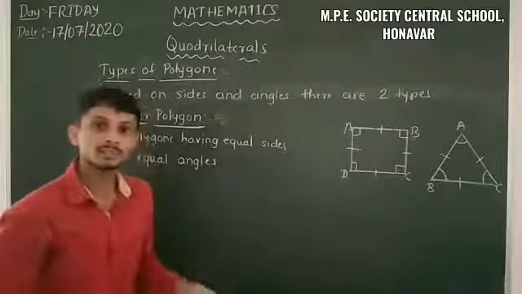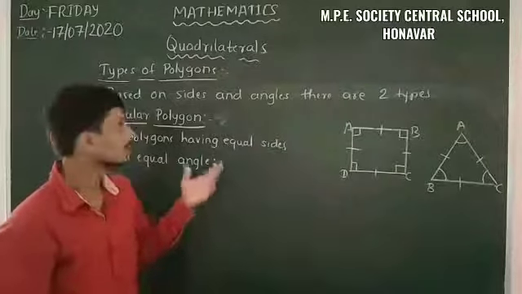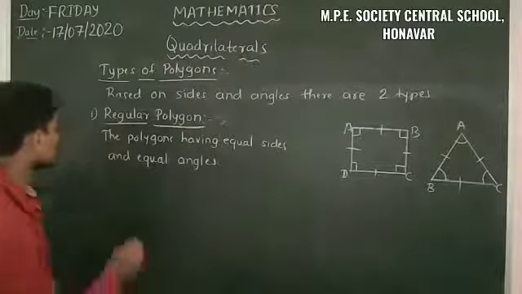Then we go to the final category, that is the irregular polygon.